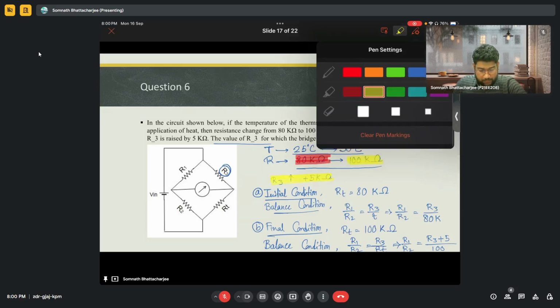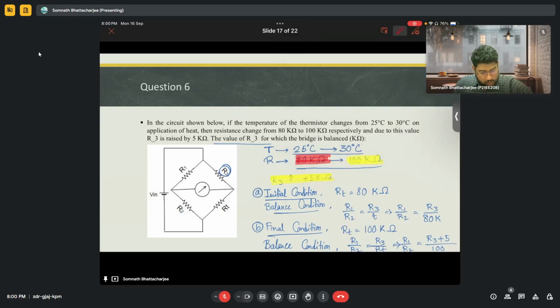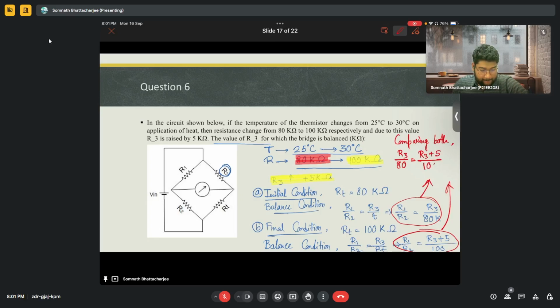So we have an equation like this and a condition like this. Using both the conditions, we can derive these values directly. By comparing both, we get R3 by 80 equals R3 plus 5 by 100.